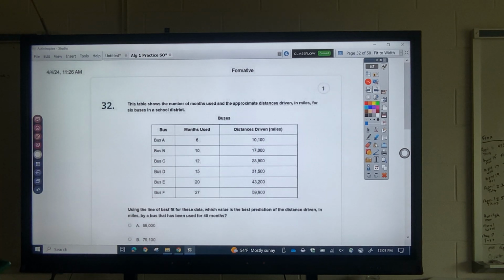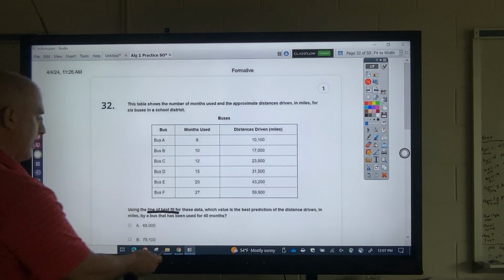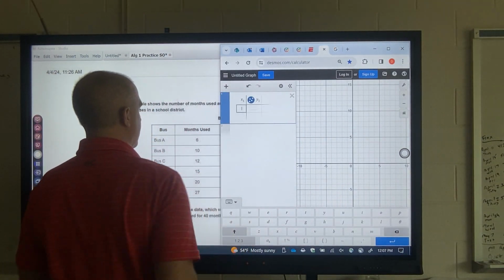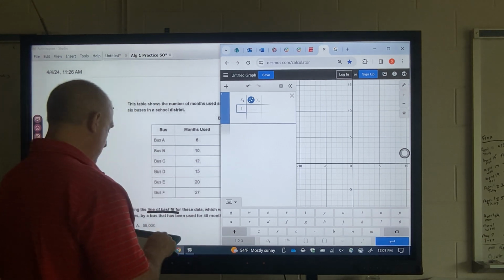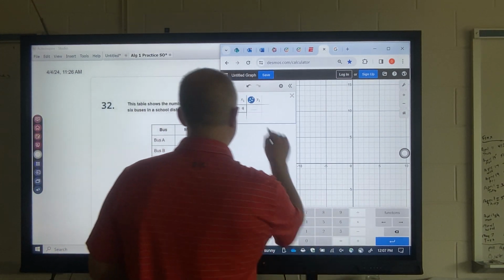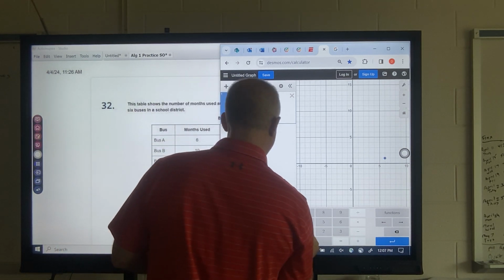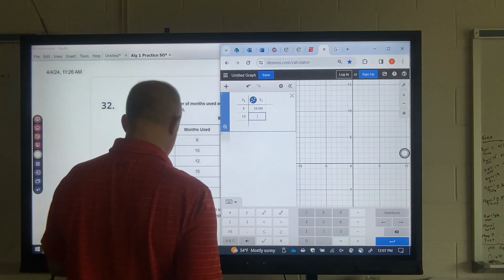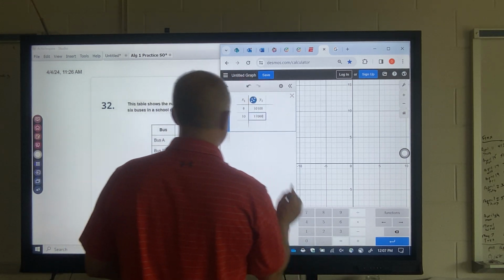This is another where it says line of best fit. Okay? So I want to start. Even though I just did one, I got to delete the table. Got to start over again. All right? Let's load the table. This would be 6 and 1,100. This would be 10, 17,000.